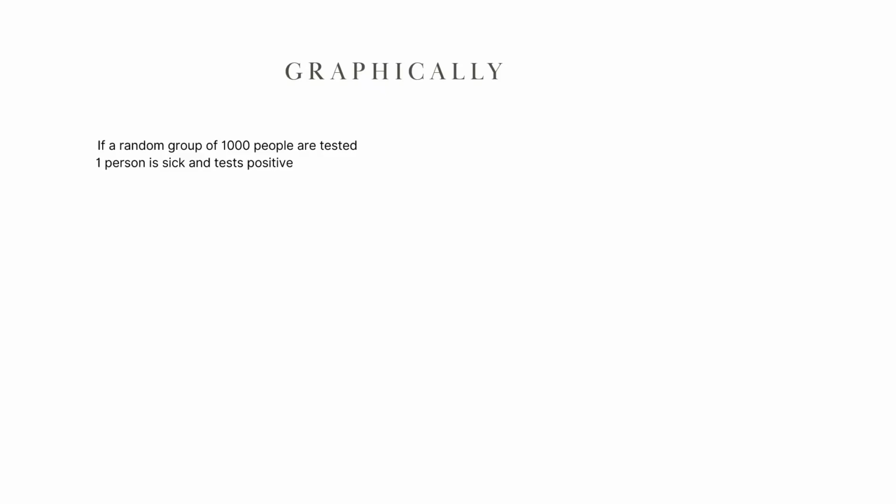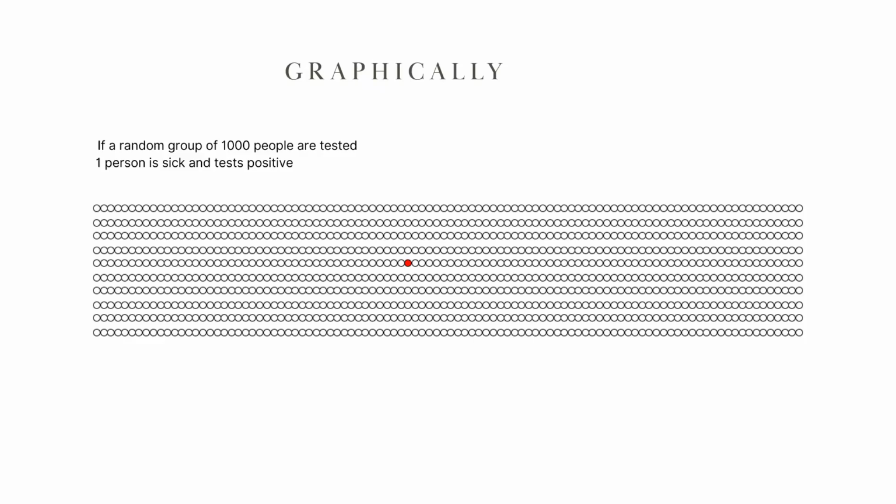On average, the disease occurs in 0.1% of the population. So in any random group of 1,000 people, it's expected that one will be sick and will test positive. The red dot indicates that one person who is sick, whereas the other 999 are not.